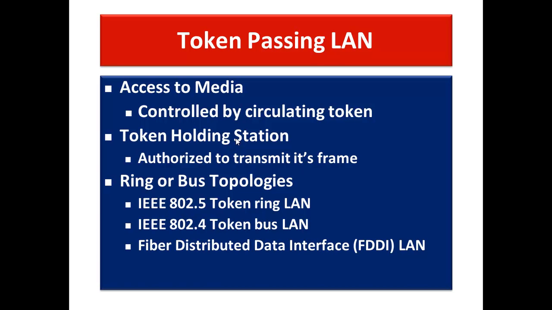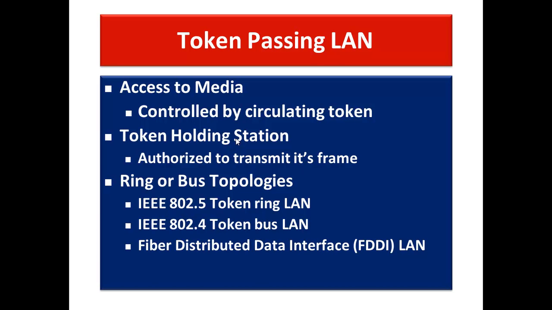So the first thing that was standardized was the concept of controlled access using token in a physical bus topology. That was standardized as 802.4, and only then followed the ring, standardized as 802.5. So 802.4 is of little use now because the bus topology is no more used.